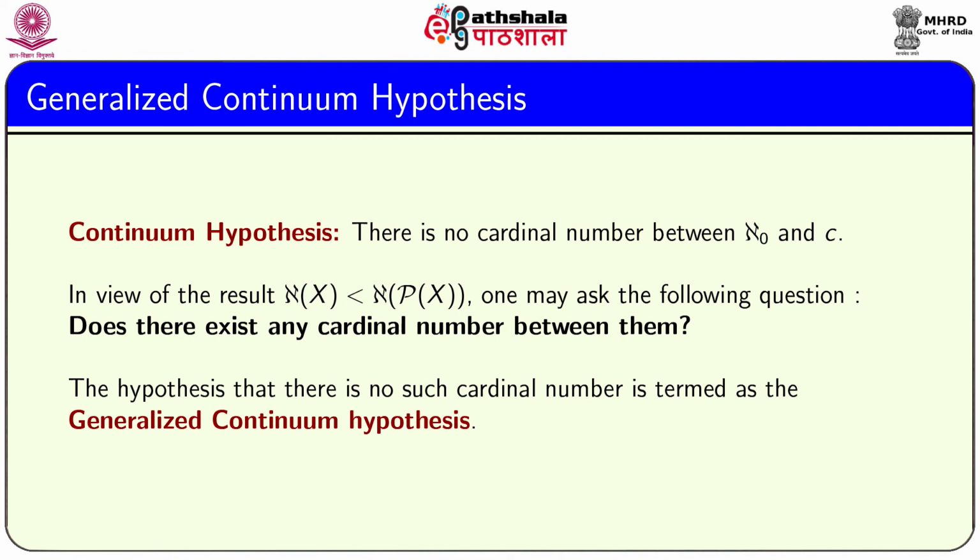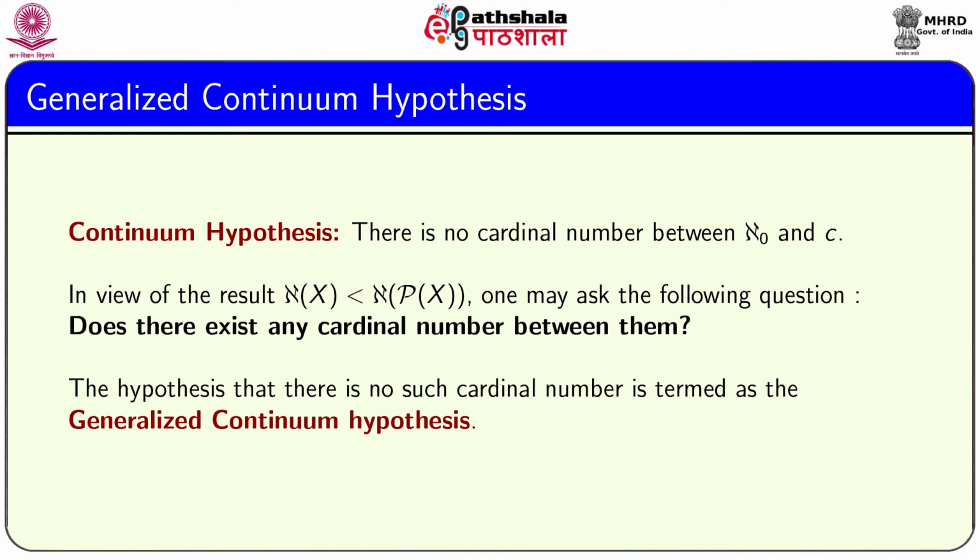Finally, before we conclude, we state what is known as the continuum hypothesis. It says that there is no cardinal number between the cardinality of the natural numbers and the cardinality of the real numbers.